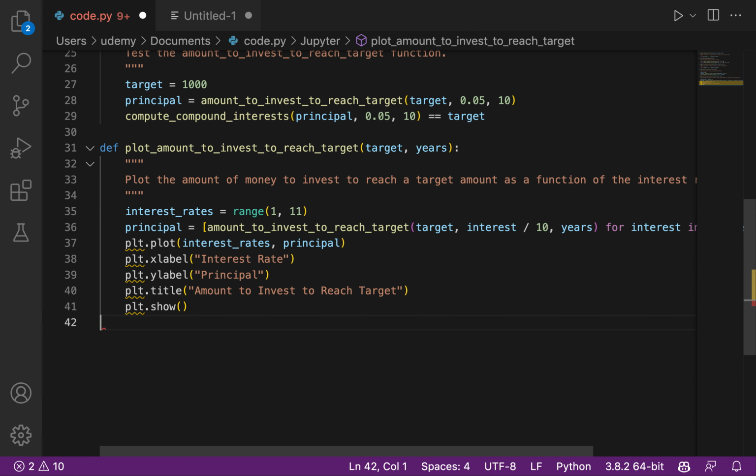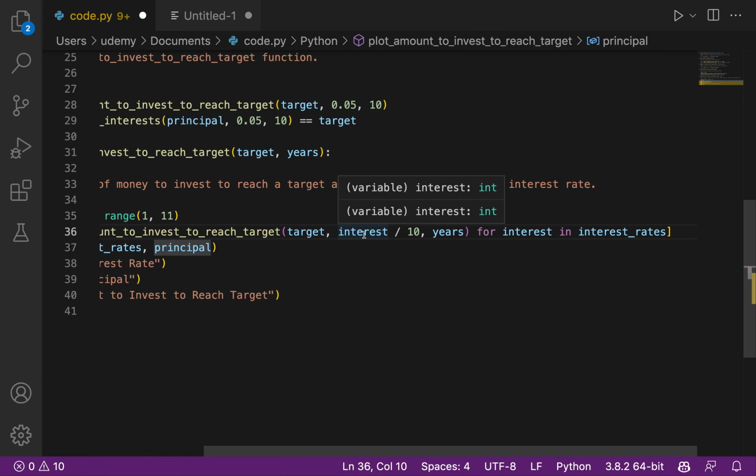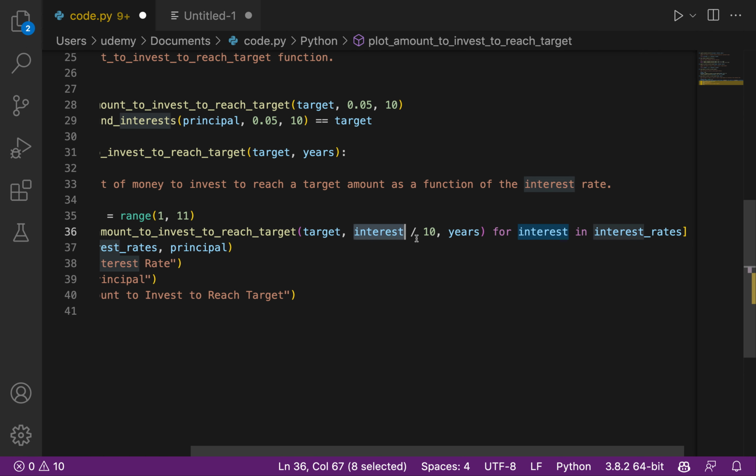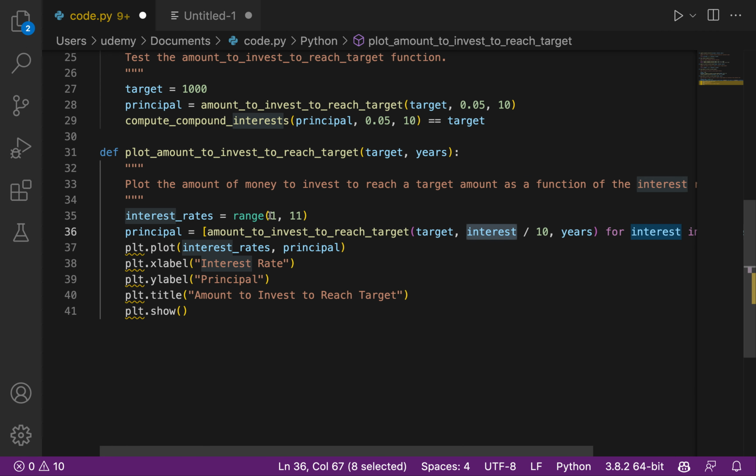Okay, let's see. So we get the interest rates. For each interest rate, we get the amount to invest. Why is it dividing by 10? Okay, it's going from 1 to 10, so it divides by 10, so it's going from 0.1 to 1%.